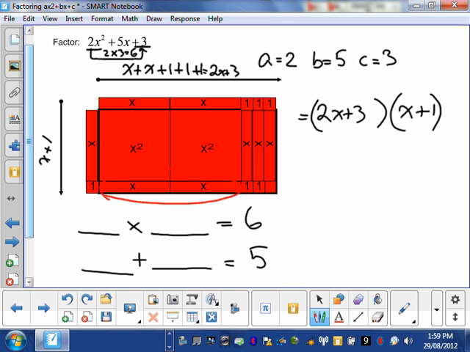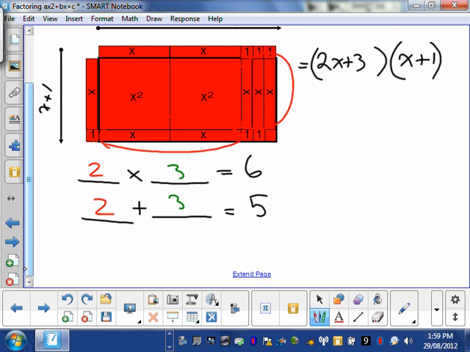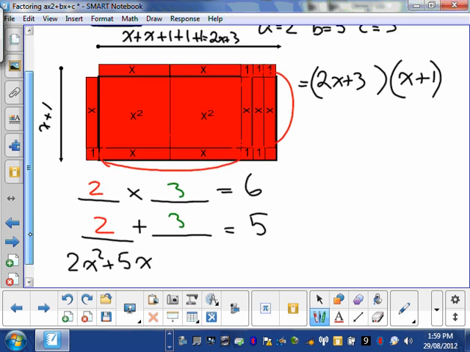So I have my two numbers, 2 and 3. 2 times 3 gives me 6, and 2 plus 3 gives me 5. So what we've accomplished is that the middle term 5x can be split into 2x plus 3x.